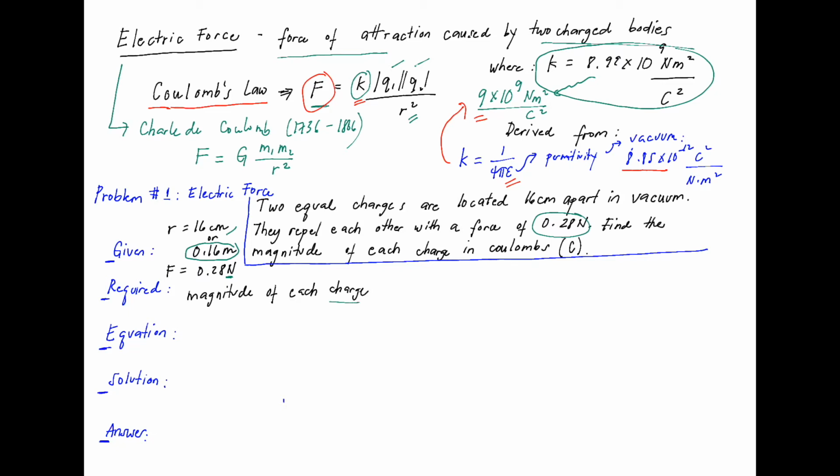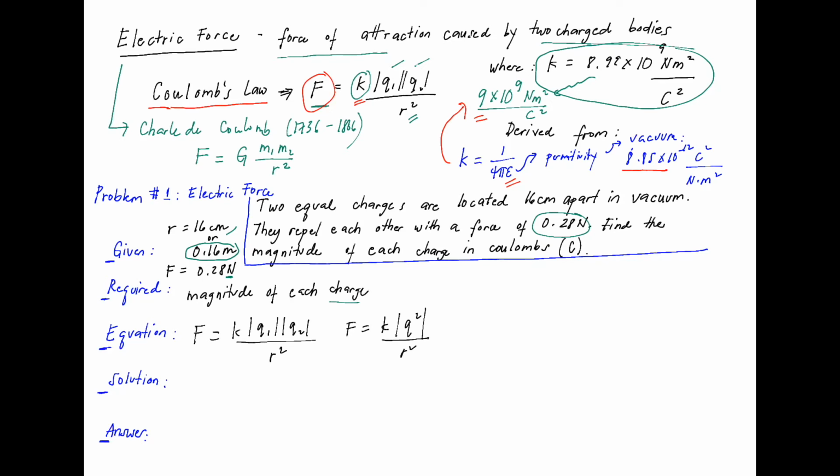Now let's go now to our equation. So that is simply force is equal to K multiplied to the first charge Q1 and then second charge Q2 divided by the r square. Since we're talking about the same charge, same body with the same charge, therefore we could have K multiplied to the absolute value of Q square over r square.